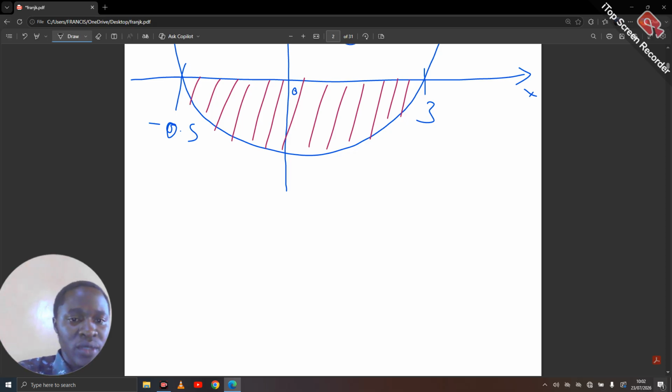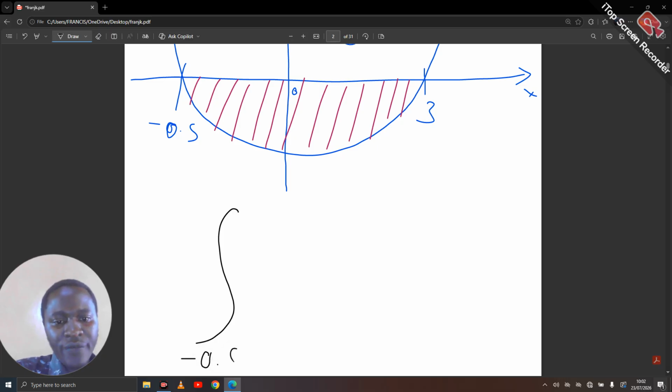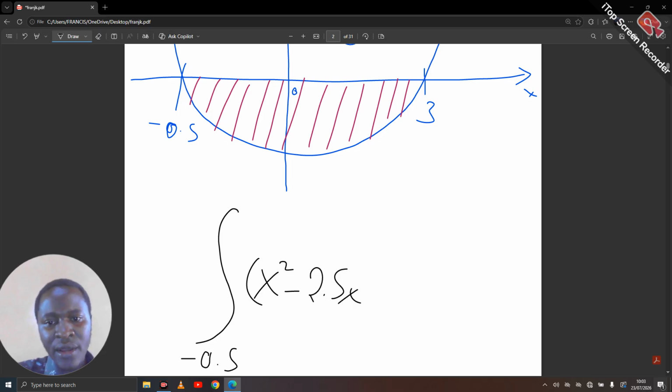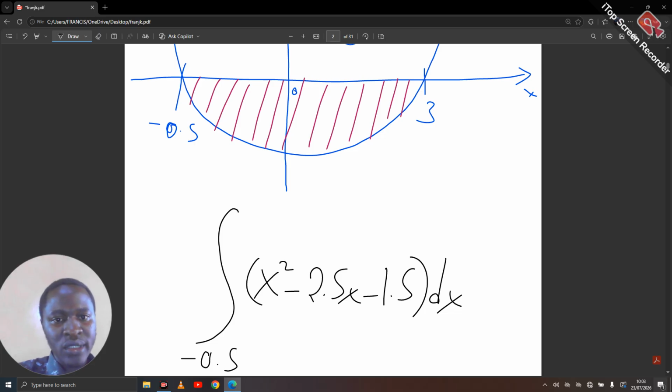So we shall integrate, starting from negative 0.5. What are we integrating? x squared minus 2.5x minus 1.5 dx, through 3.